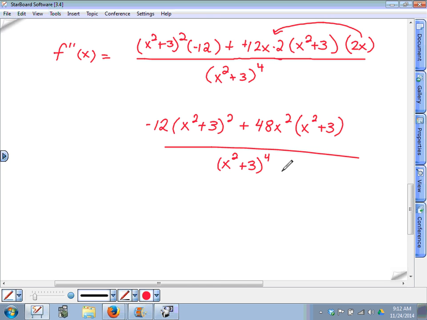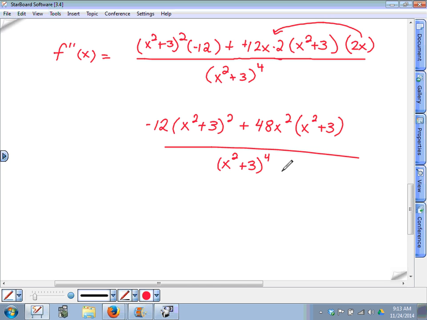What do you suggest we do now? What is it we're trying to do here? What was the point of the problem? It is to find the positives and negatives of the second derivative. That may mean that we don't necessarily have to simplify all of it.